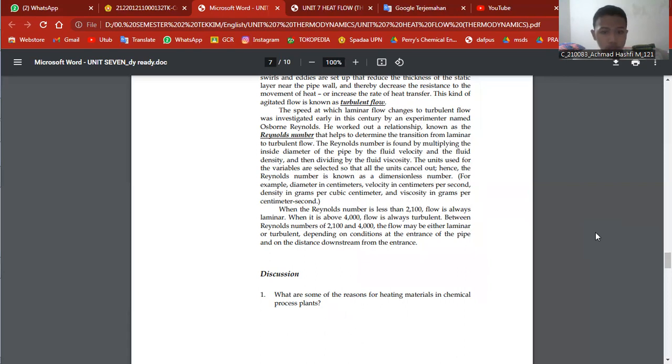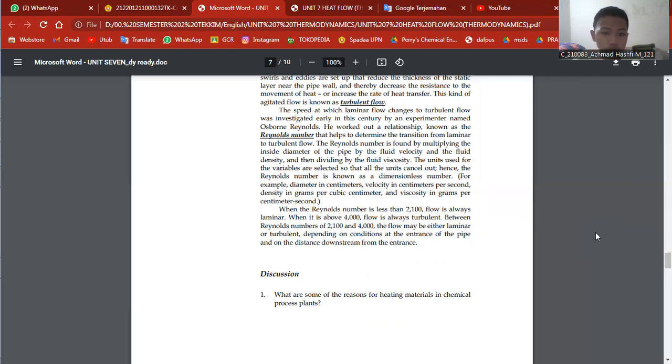When the Reynolds number is less than 2,100, flow is always laminar. When it is above 4,000, flow is always turbulent.